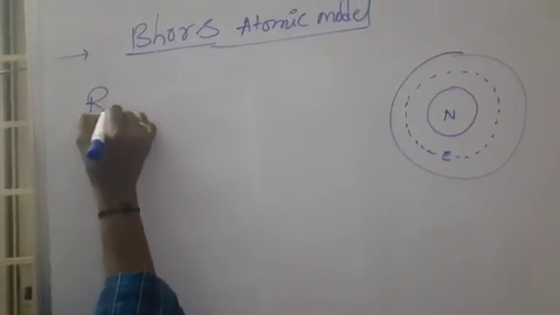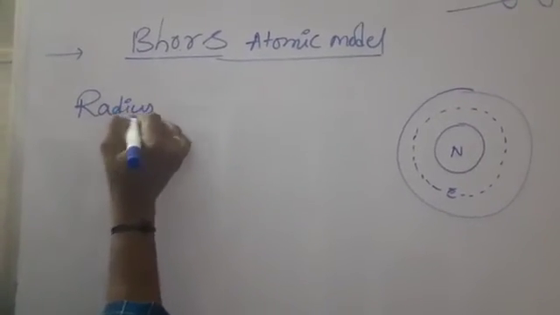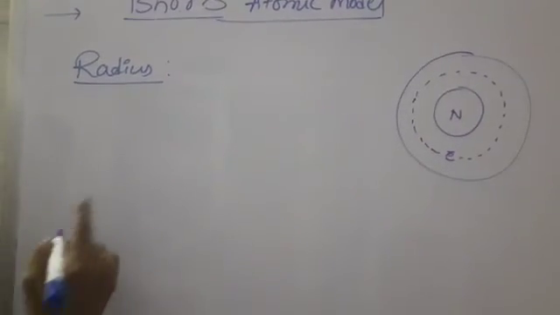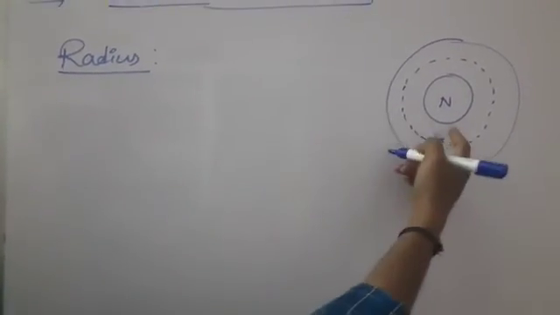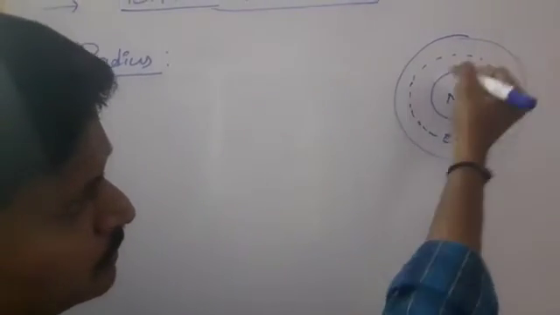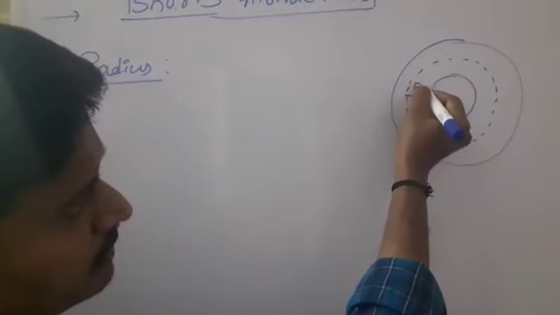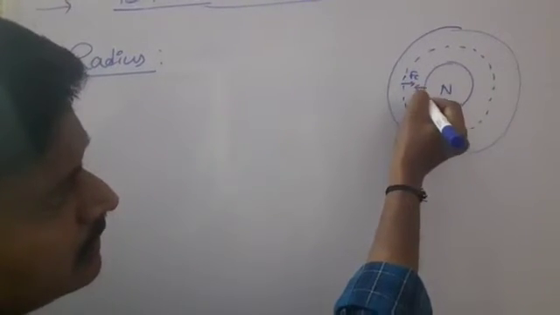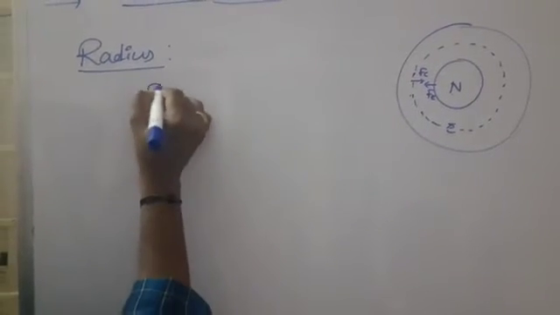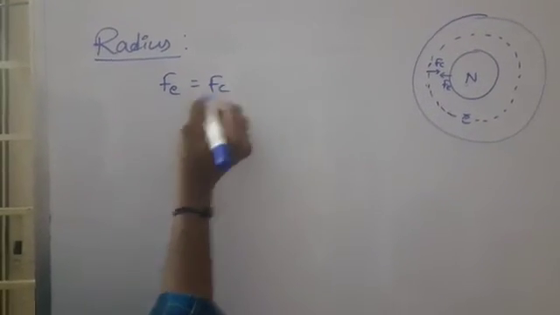So the first Bohr orbit radius we are going to determine. The electron revolves around the nucleus because of centripetal force, which is balanced by the electrostatic attraction between the nucleus and the electron. Therefore Fe is equal to Fc.